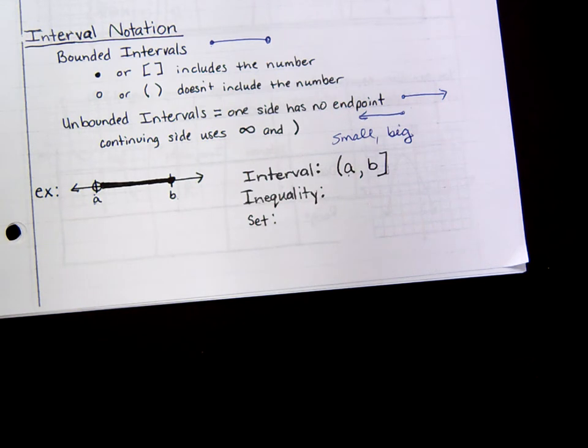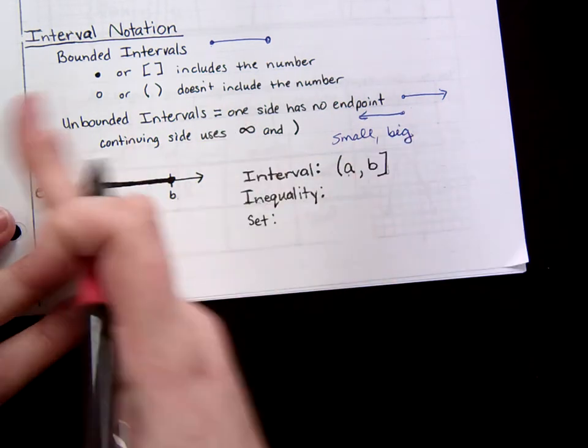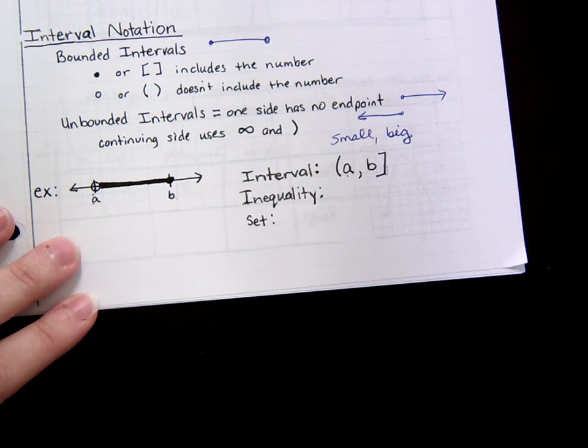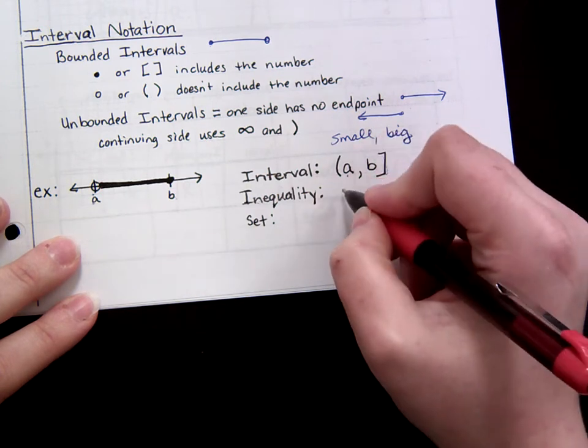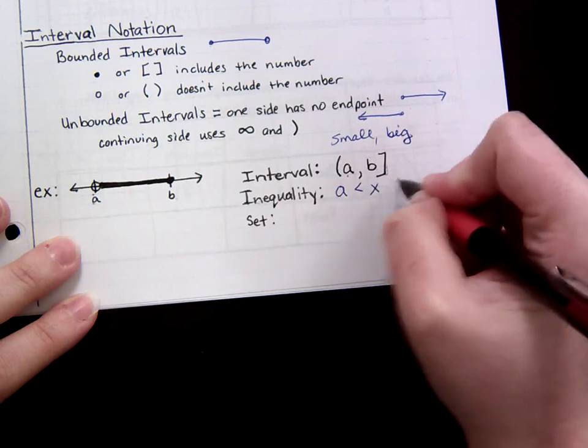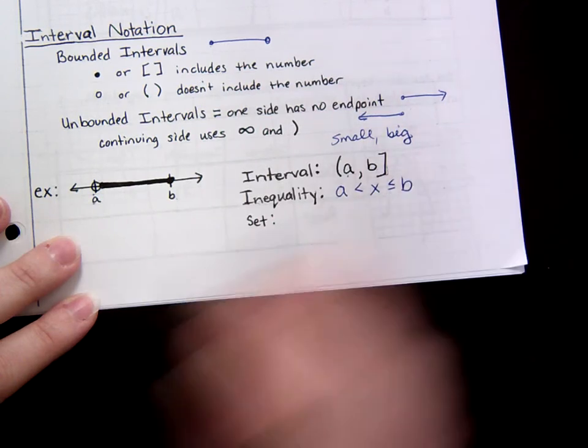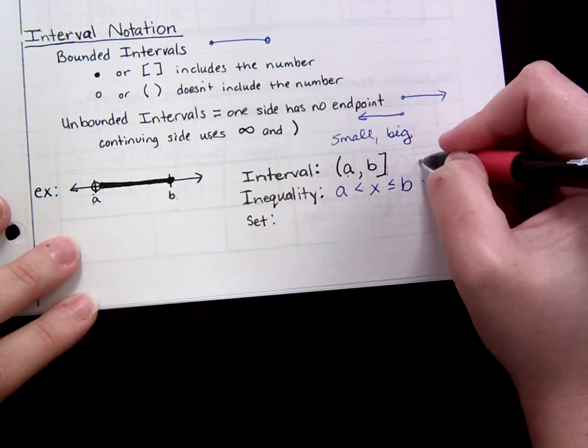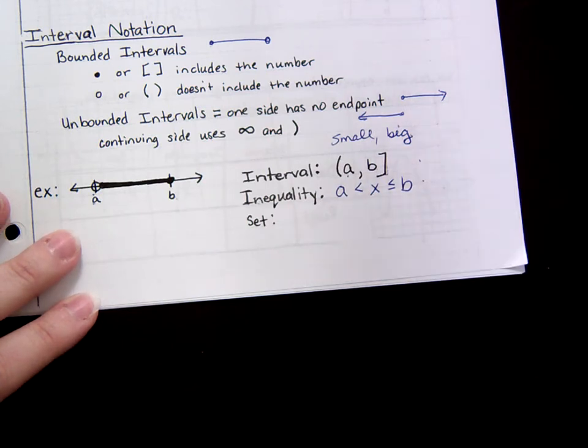In Algebra 1, you might have seen a number line like this and have the range of numbers expressed as an inequality that looks something like this. These two things say the same thing. For the set notation version of this, it's not much different from the inequality.